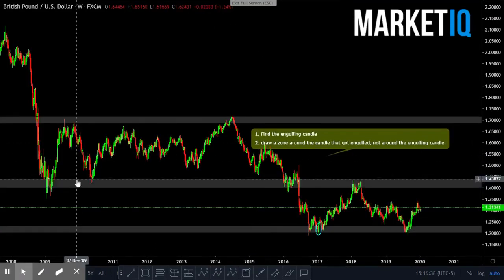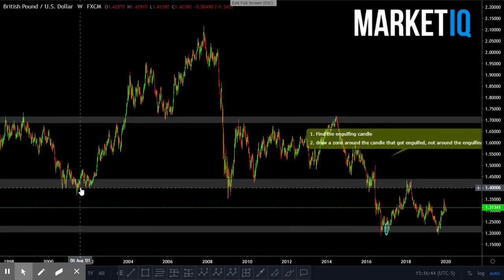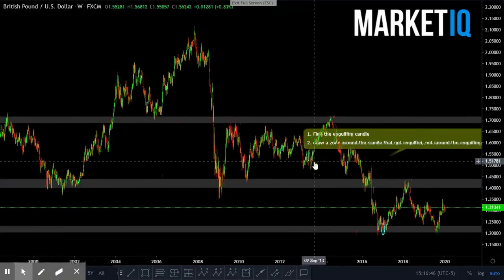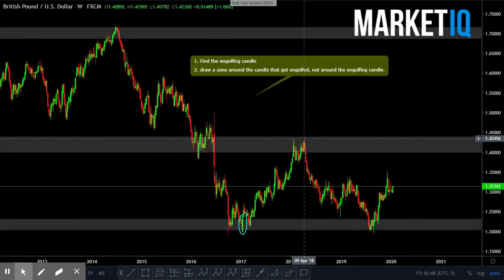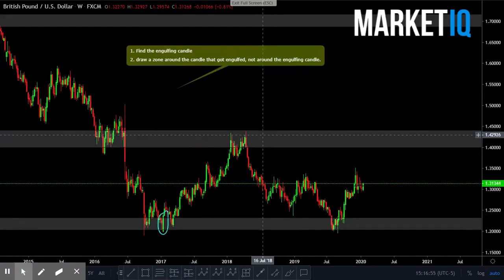And then this zone here, the first time we got this zone was in June of 2001. And you can see all the way over here in April of 2009, it's still getting respected. So the higher the time frame, the more reliable your patterns, your zones, your indicators, the more reliable everything will be.